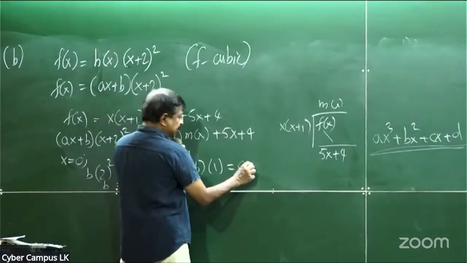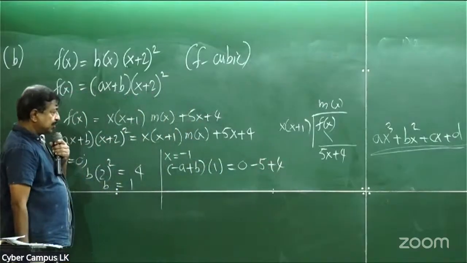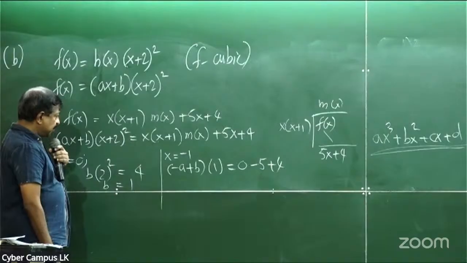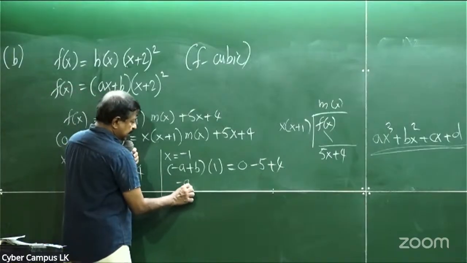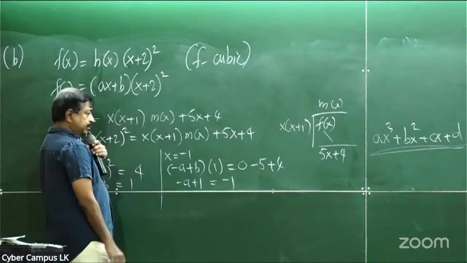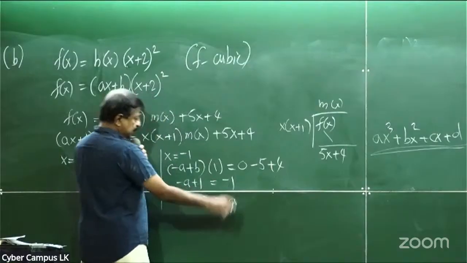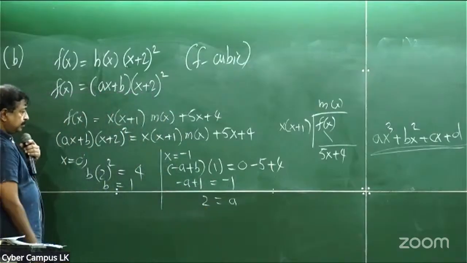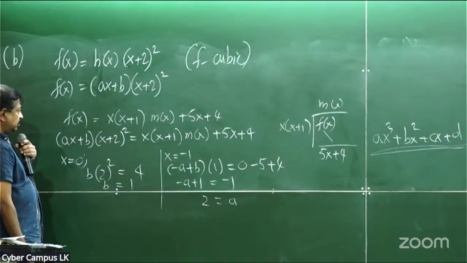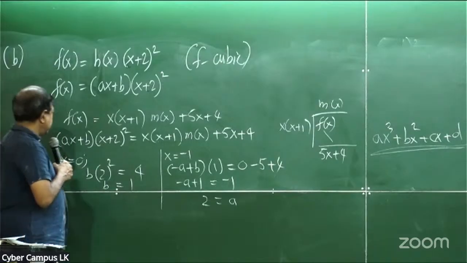This is -5 plus 4. B is 1. So minus a plus 1 is equal to -1. So a is 2. So it is 2x plus 1.